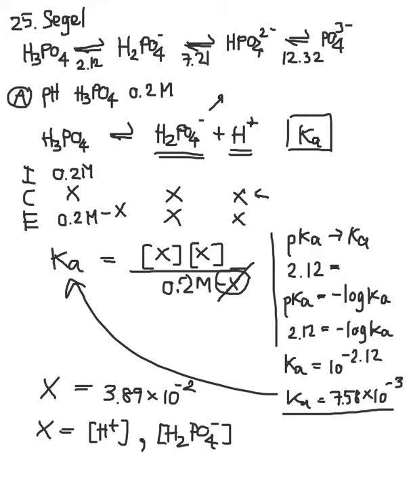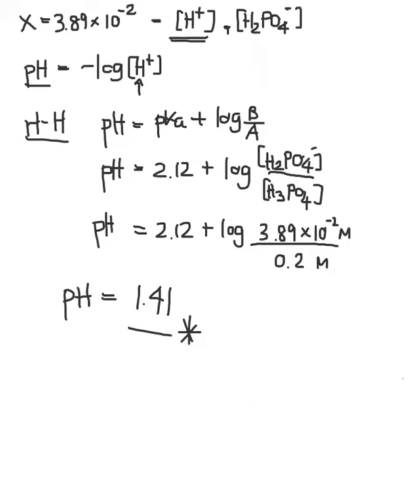The answer is no, because the majority of protons dissociated from H3PO4 come only from the first step of dissociation. So we can omit the steps of pKa2 and pKa3. In summary, the pH for 0.2 molar H3PO4 is 1.41.